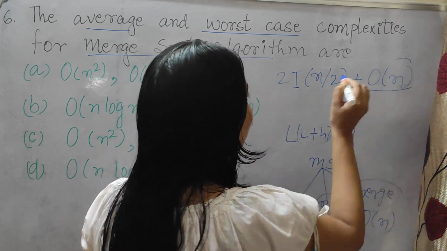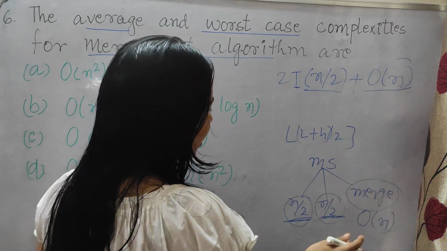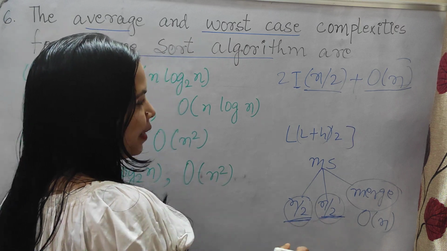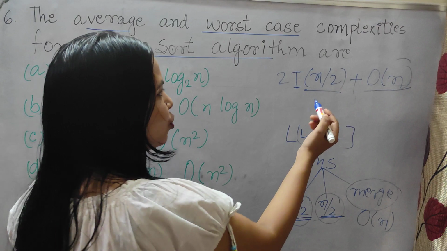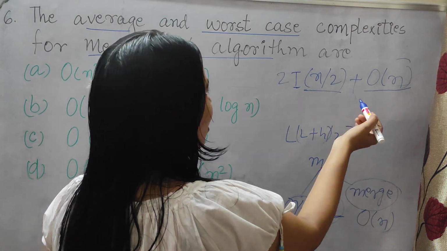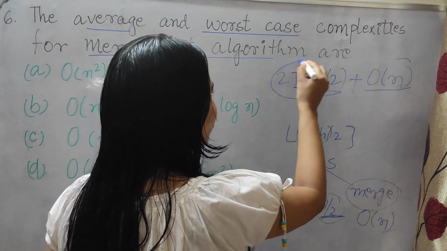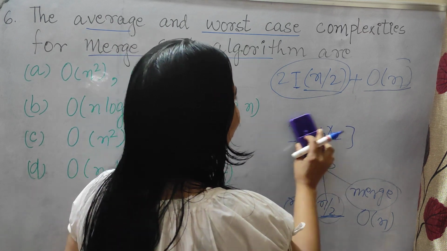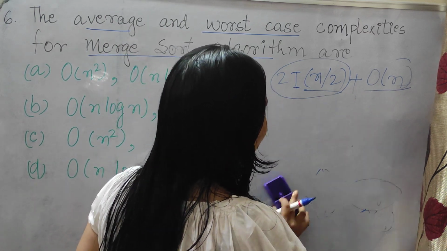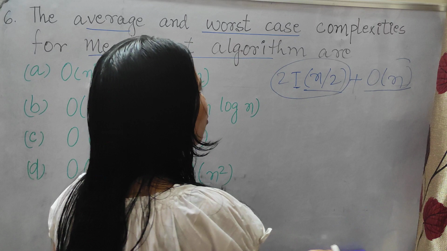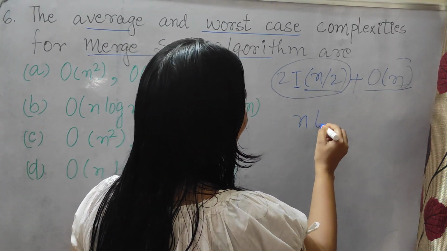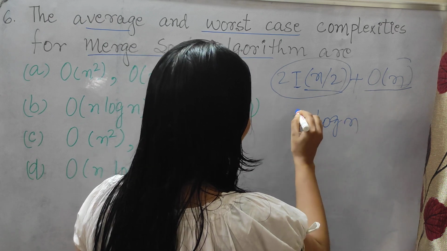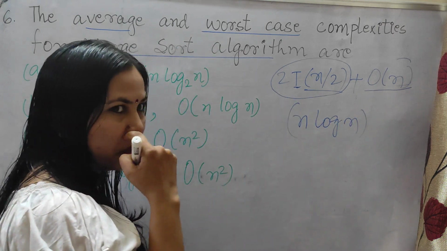Order of n is the merging part, and n by 2 is the dividing part. We are using the divide and conquer approach in merge sort. When we solve 2T(n by 2) plus order of n, it comes to log n time plus order of n. So it will be order of n log n.